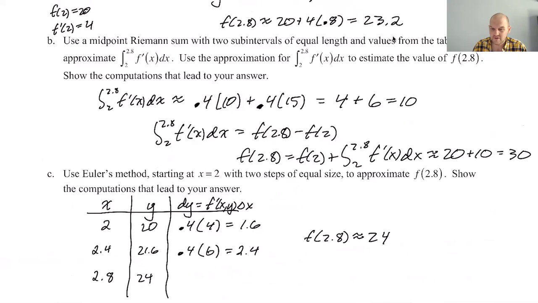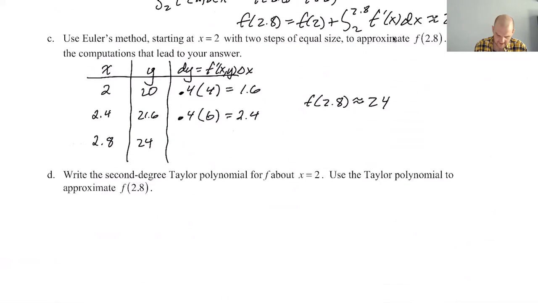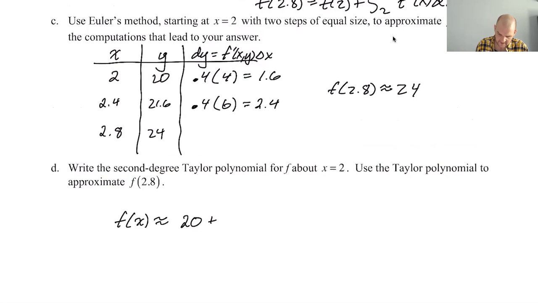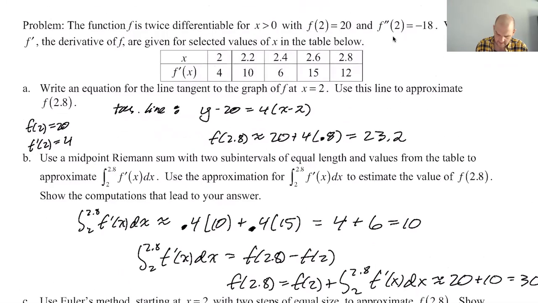Second degree Taylor polynomial. The second degree Taylor polynomial at 2 is actually the Taylor line, the tangent line with an extra term. So we're going to say f of x is approximately the value you start with, which is 20, plus the derivative at 2, which is 4.